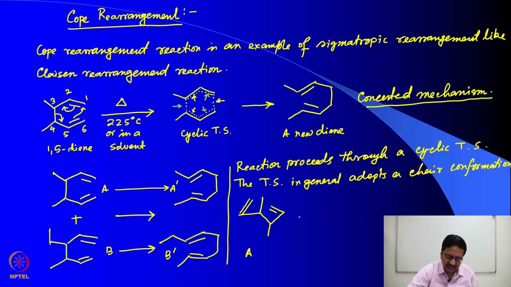When the reaction takes place at elevated temperature, this rearrangement takes place. As a result, what we have is like a chair conformation of a cyclohexane.